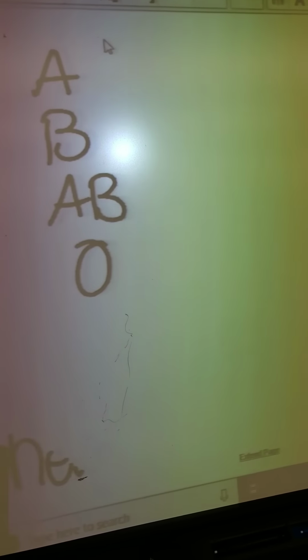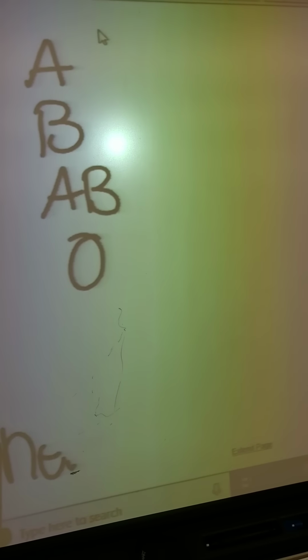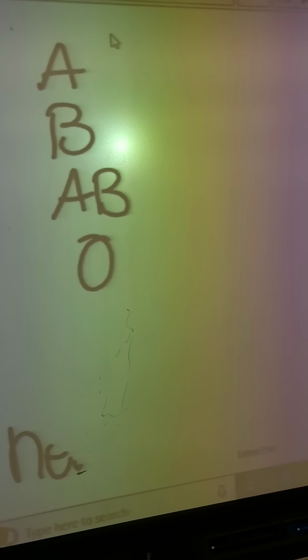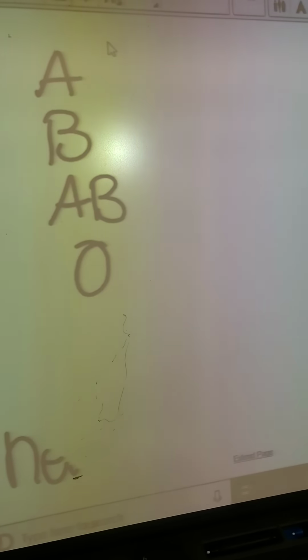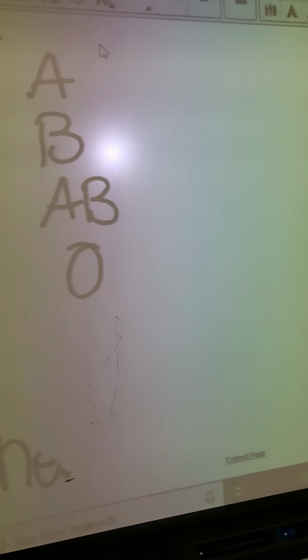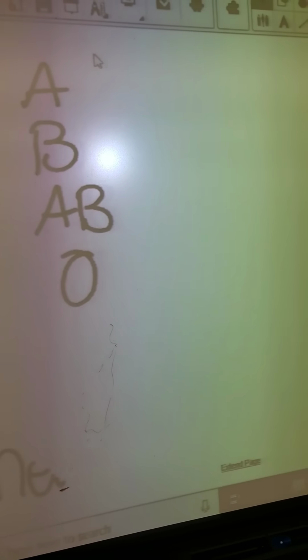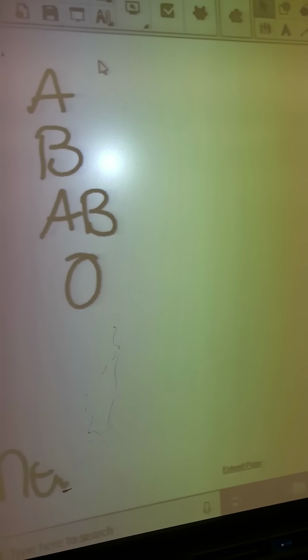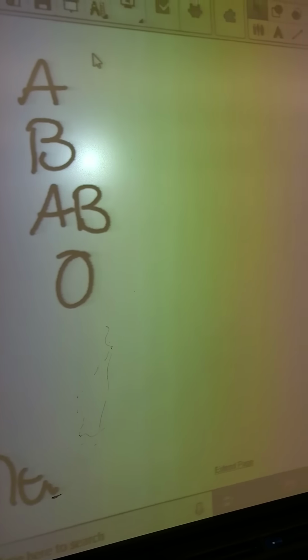The recognizers are the antibodies, and they are present in the plasma. Your antibodies attach to the red blood cells. Binding of the antibodies causes the red blood cells to clump or agglutinate.